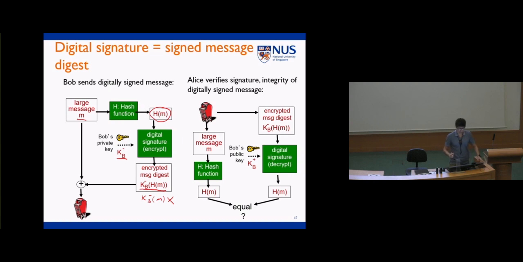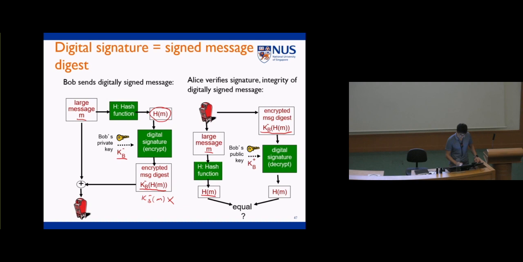Alice verifies the signature by doing these operations. So she received the message M, right? And she can compute the same hash of the message because hash functions are public. And then she also received the signature of that message.